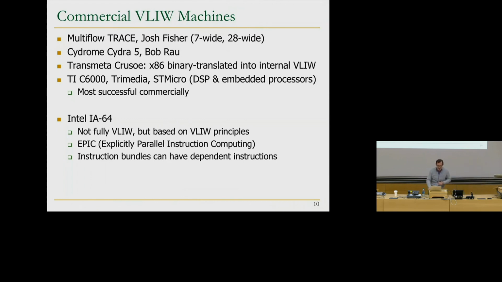Now, what does this mean? Basically, they figured out that it was very difficult for the compiler to pack many independent instructions into a single bundle. So they allowed the compiler to have some dependent instructions, except they asked the compiler to specify which instructions are dependent on which others to make the hardware's job easier. So hardware still doesn't need to do full dependence checking.